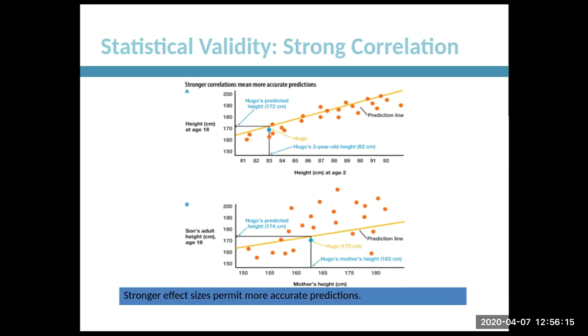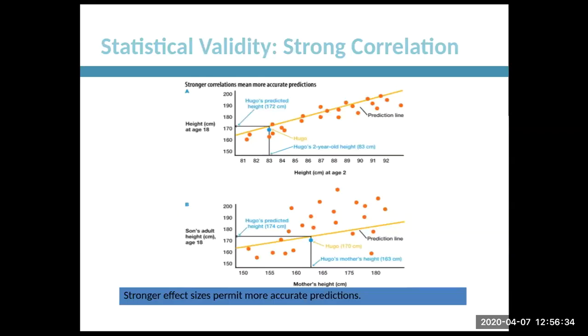And so predicting your own height at 2 and using a correlation to predict where you'll be at age 18 is a good correlation. Should have a more pretty accurate prediction. Nice strong correlation here, as you see.